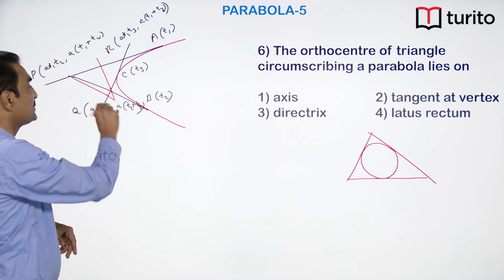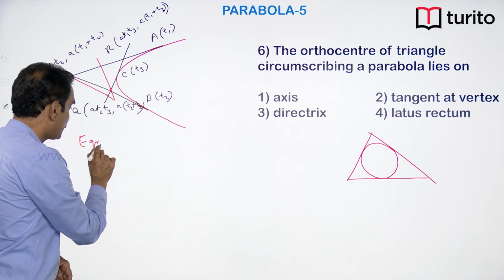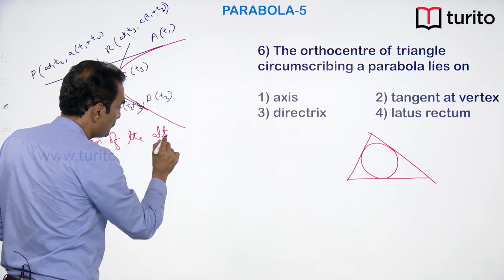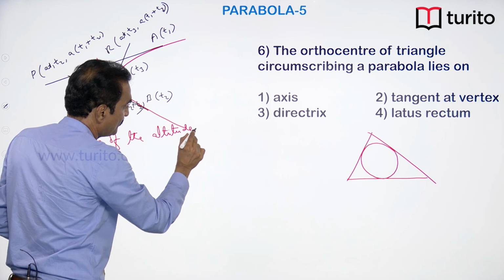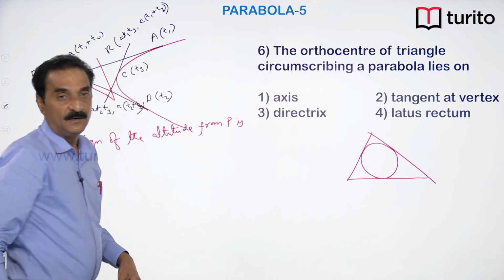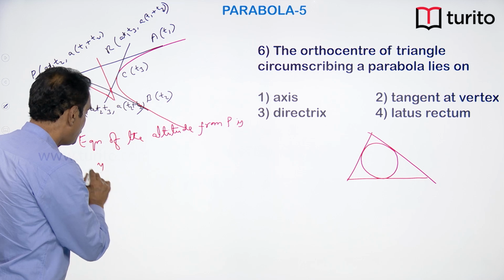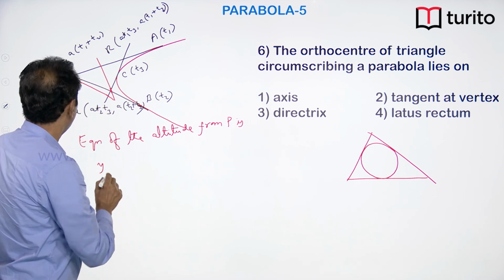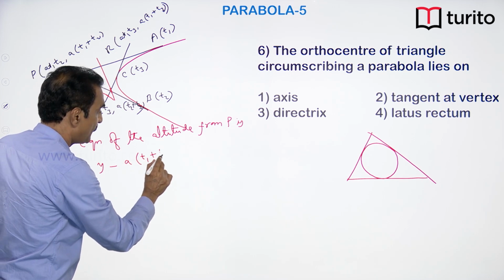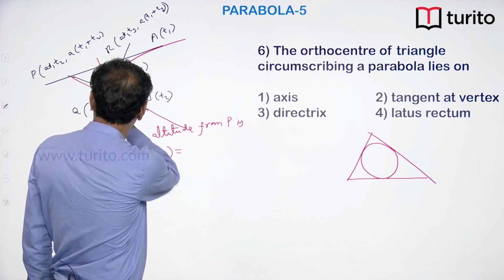Therefore, the equation of the altitude from P is, using point and slope, y minus a into T1 plus T2 is equal to, what is the slope of the altitude?